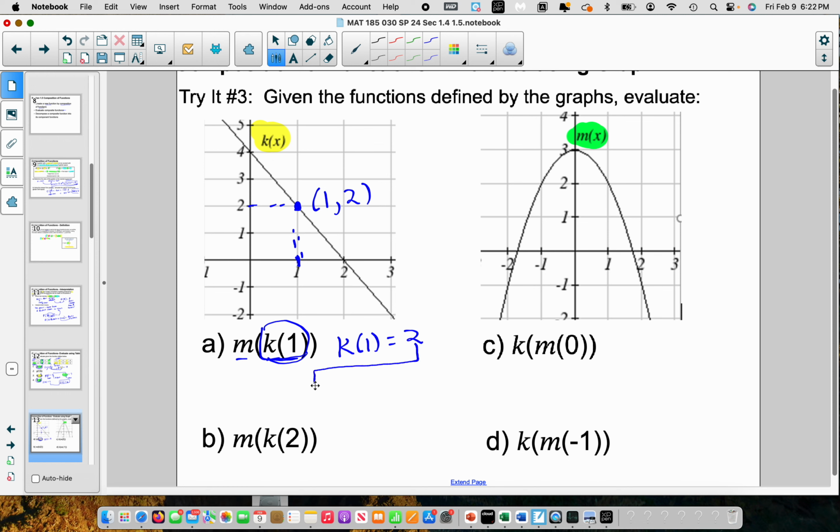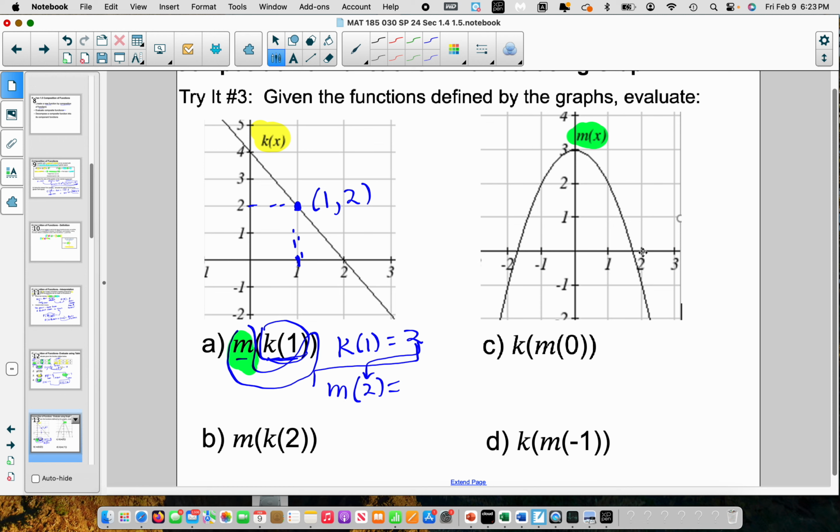Now I'm going to take that and input it into my outside function, my m function. So I'm now going to have m of 2. I took that output, and it becomes my input to my m function. I'm going to read my m function.